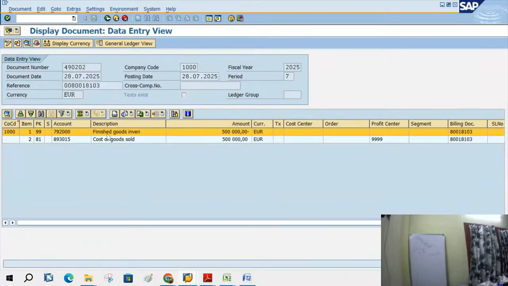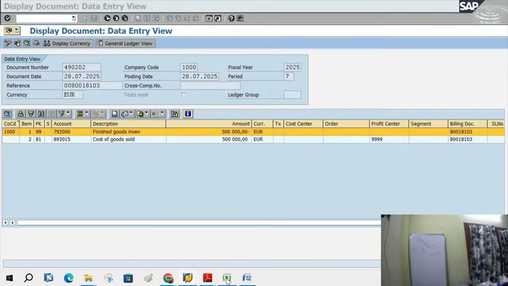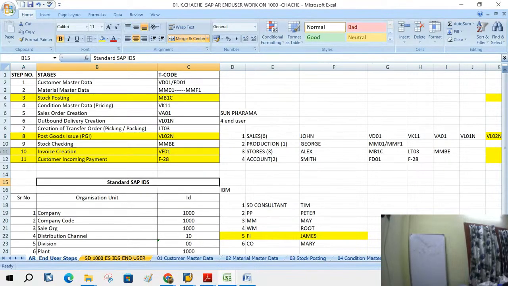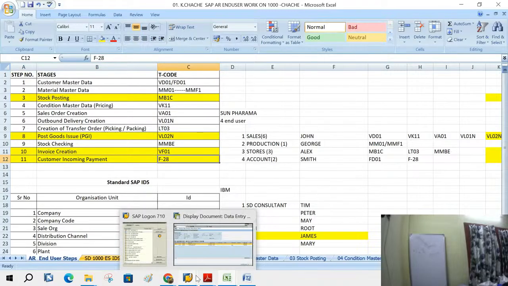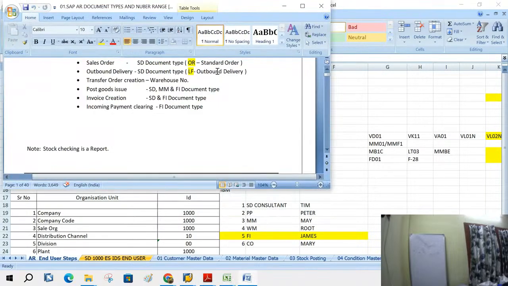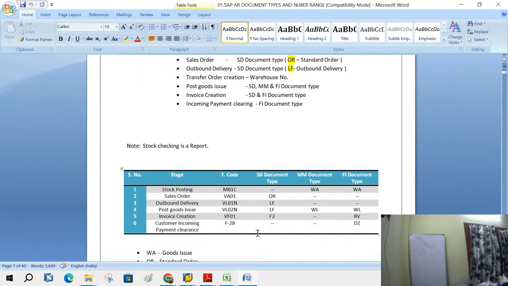Very good. Now, where is the accounting entry going to come in the next stage? When I do my VF01, correct? When I give the bill to the customer, then I get my accounting entries. And how many document types will I have for accounting entries in the invoice stage?